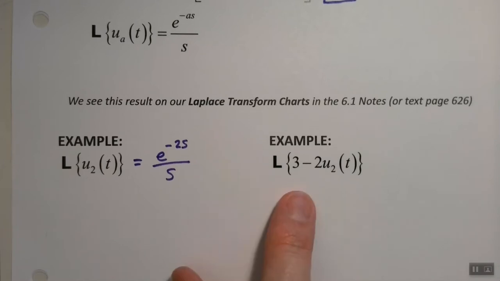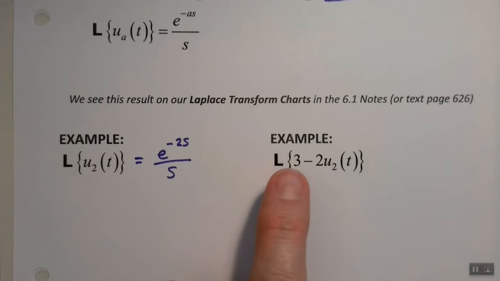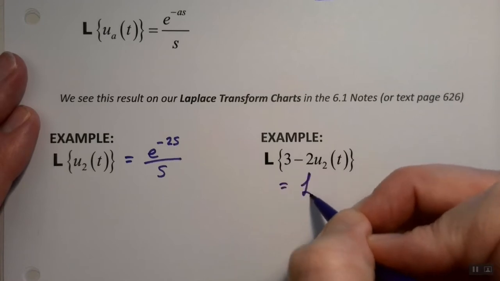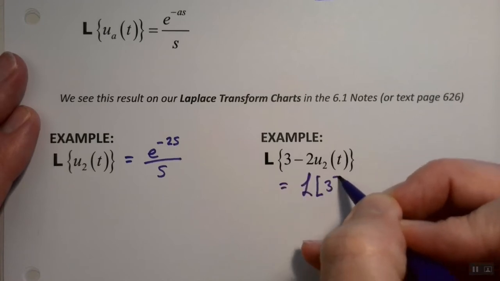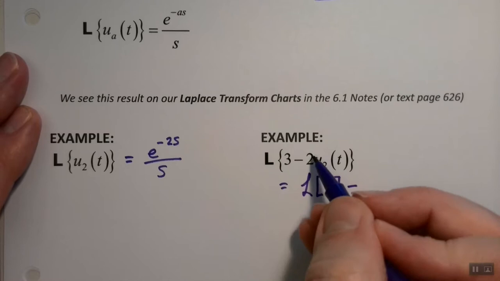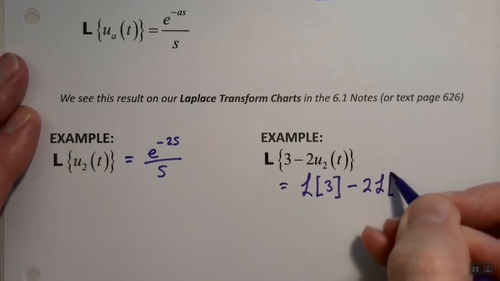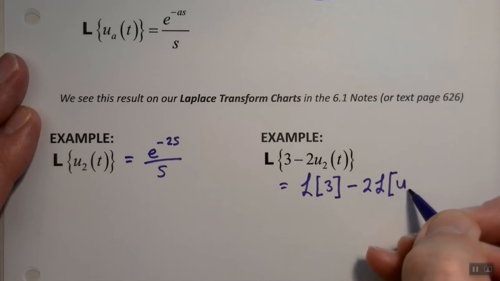This one's a little bit more complicated, but remember, the Laplace transform applies linearly, so we can think of it as applying to each term. So this is really the same thing as the Laplace transform of 3 minus, and I'm going to pull the 2 out front, 2 times the Laplace transform of the Heaviside function switching at 2.